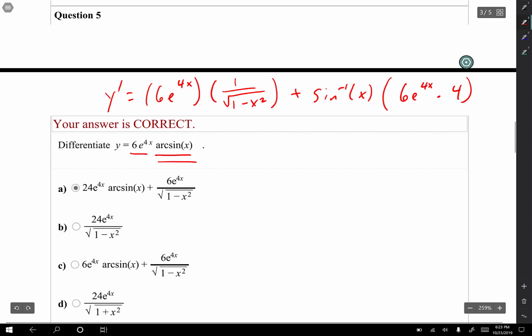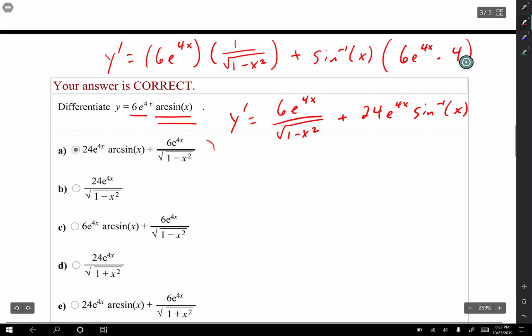So making it pretty, you get y prime equals 6e to the 4x over the square root of 1 minus x squared plus, let's see, 6 times 4 is 24, 24e to the 4x arcsine of x. So we look for that, and there it is.